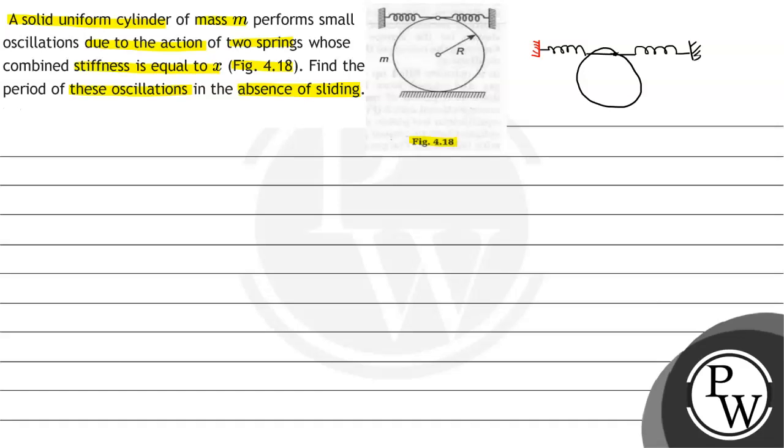Let's suppose this was point A and this was point B. So this will be point A and point B will be somewhat here, and let this new point be A dash and its opposite be B dash and the center be O. Let's suppose the angle AOA dash is equal to theta. This is the angular displacement suffered by this cylinder.